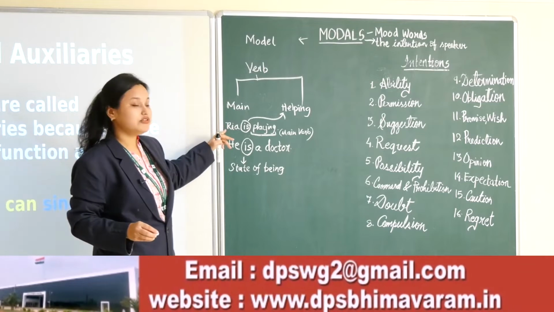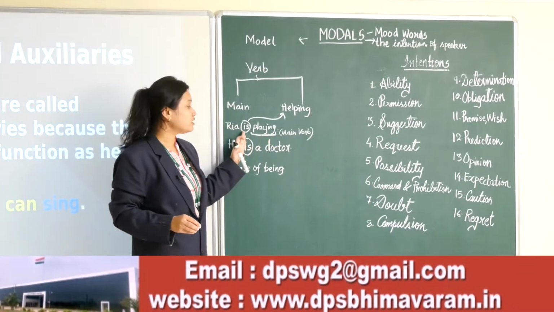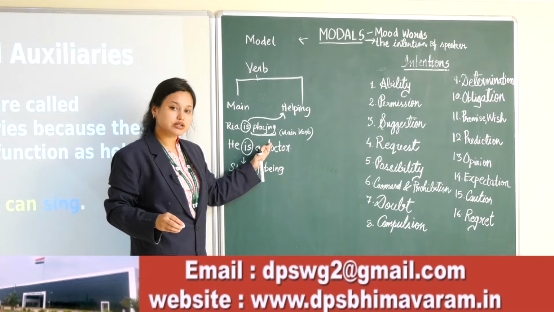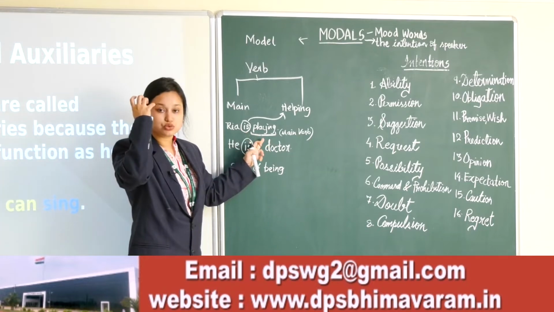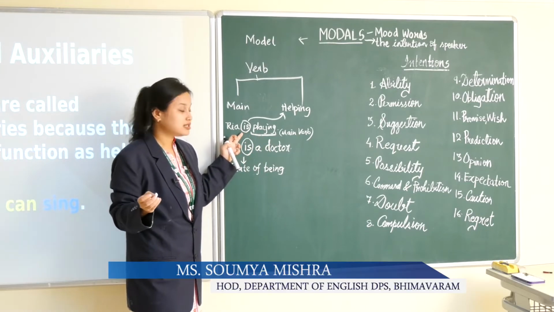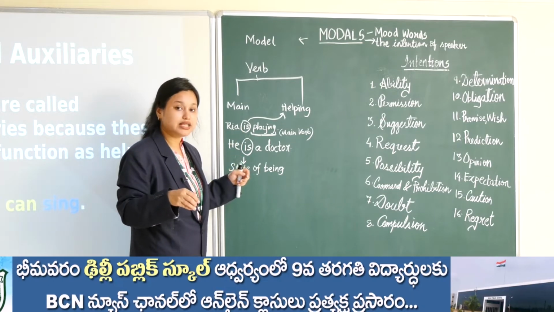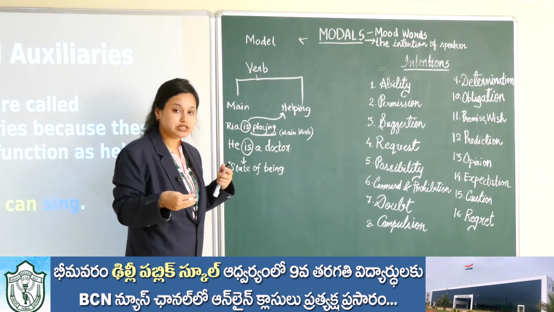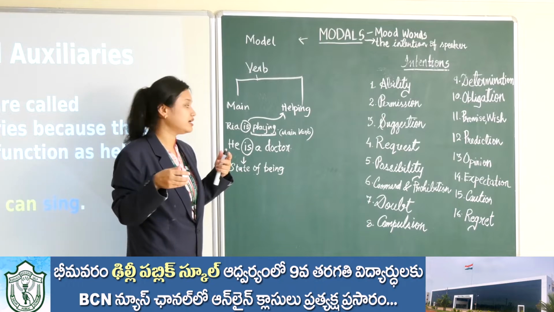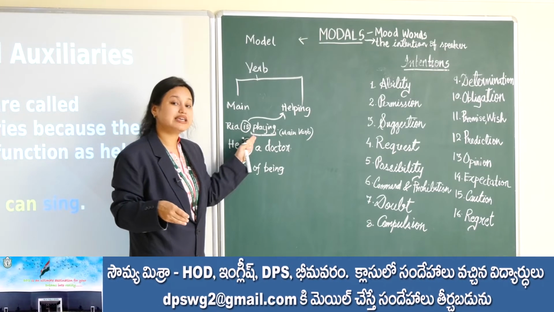So when we are saying that Riya is playing, what is is trying to do here? Okay, with is, we find that Riya is currently playing. The action is continuous. It is happening now. Riya is playing.